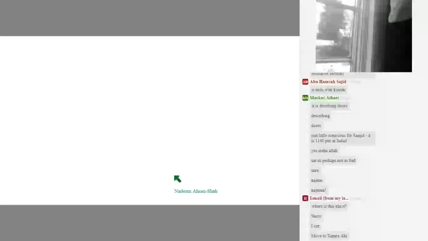Table 1 and table 2 are referring to people. Talibun, tullabun, talibatun. So the example there for people, students, whether it's male or female.